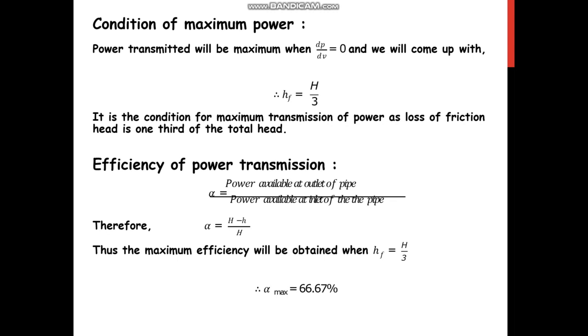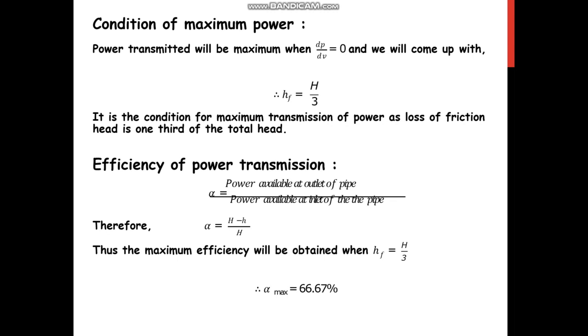And if you want to calculate the efficiency of the power transmission, it is given by the ratio of the power available at the outlet of the pipe to the power available at the inlet of the pipe.